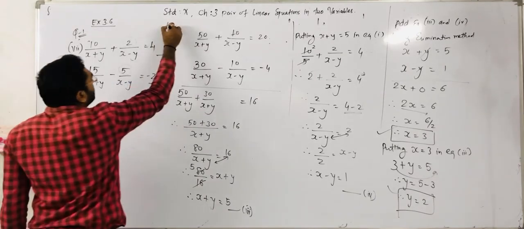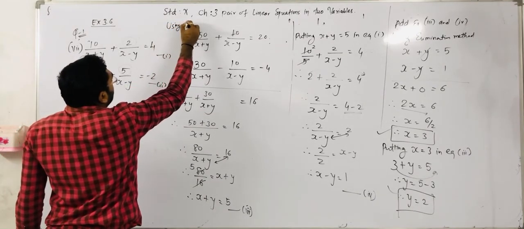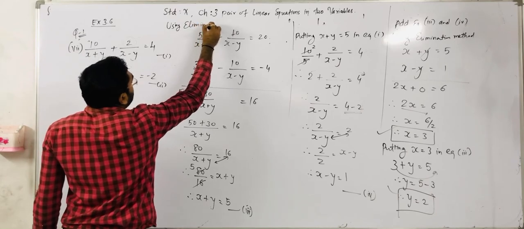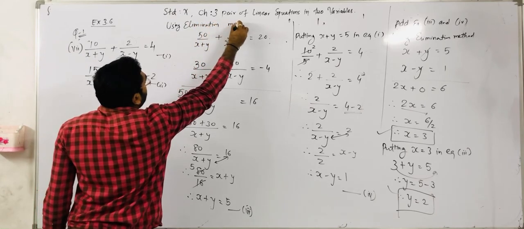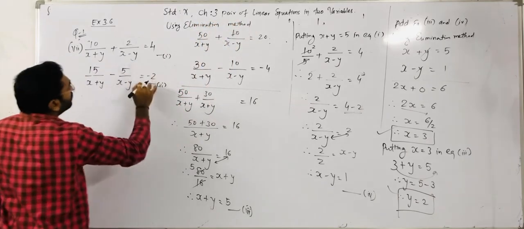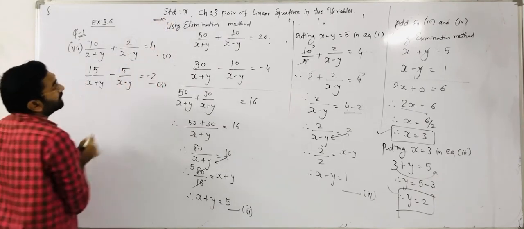Here you have to write that you are using the elimination method, and whatever you multiply both equations by, you have to describe here.